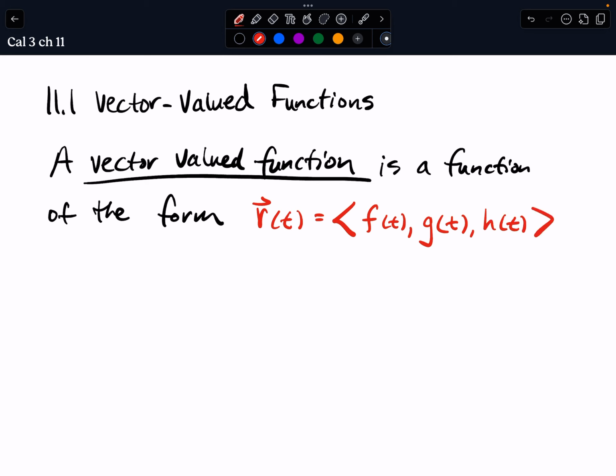Okay? So you can almost think of a vector valued function as a parametric equation of a line.